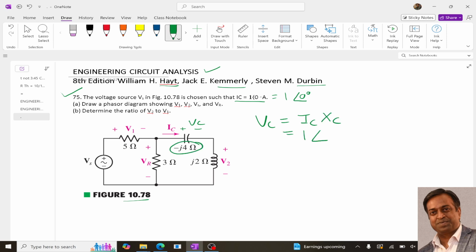IC is 1 angle 0 degree, and the impedance is minus 4j, which in phasor form is 4 angle minus 90 degree.